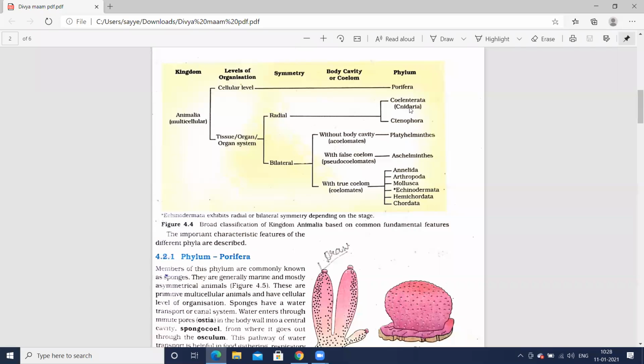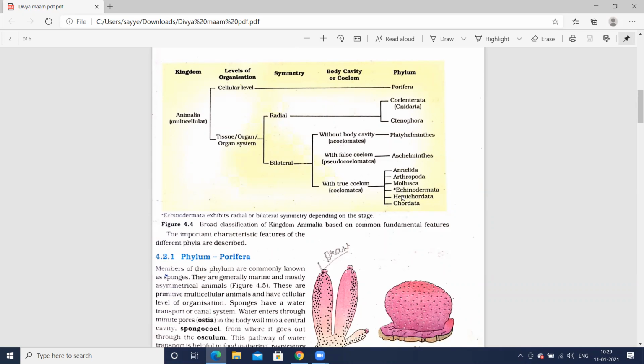Bilateral, again divide them into three: acoelomates, pseudocoelomates, and coelomates. Acoelomates, Platyhelminthes. Pseudocoelomates, Aschelminthes, and all the rest you can put in the category of coelomates. So this simple table will help you identify level of organization, symmetry, and whether coelom is present.